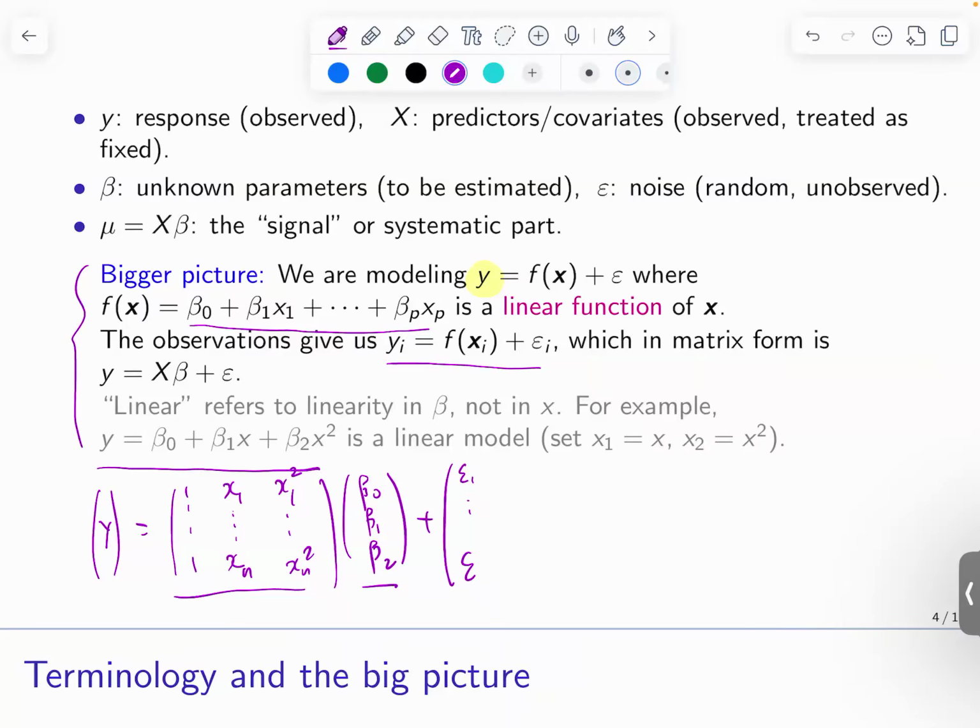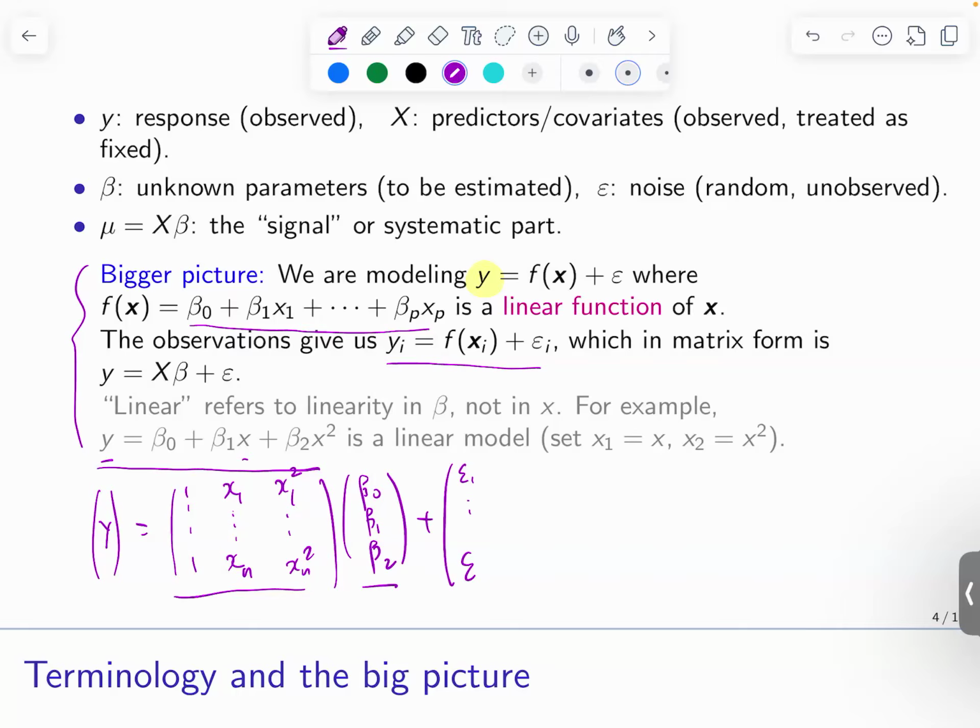Yeah. So this piece here is kind of important, but I'm doing it as an aside. I just want to make sure that you understand that the model is fairly general in terms of modeling relations between y and x. It could model things that would technically be nonlinear. So you can have a nonlinear relation between y and a single variable, but you can write it as a multiple linear regression, or a vector form linear regression, if you do it in this way.